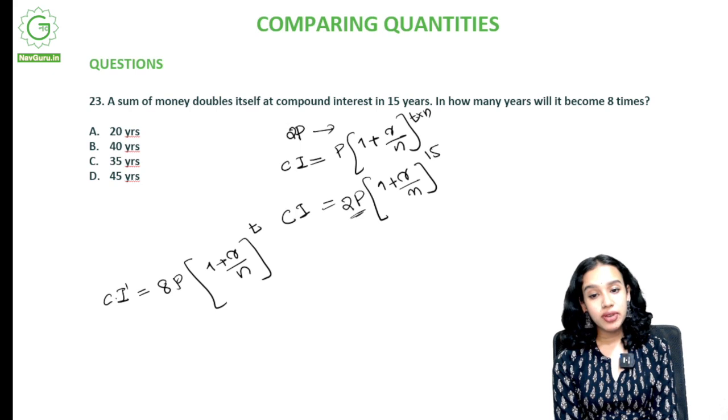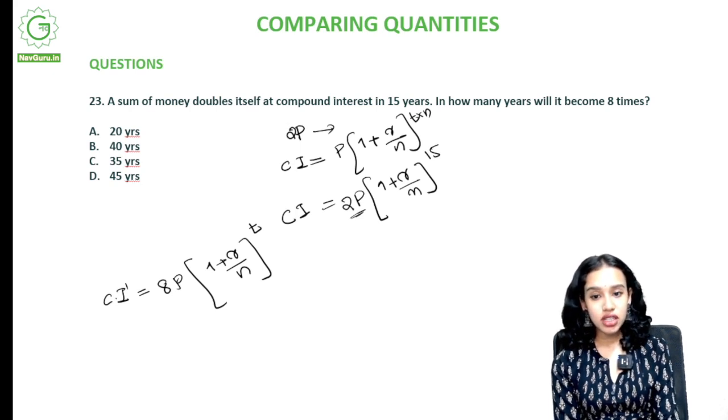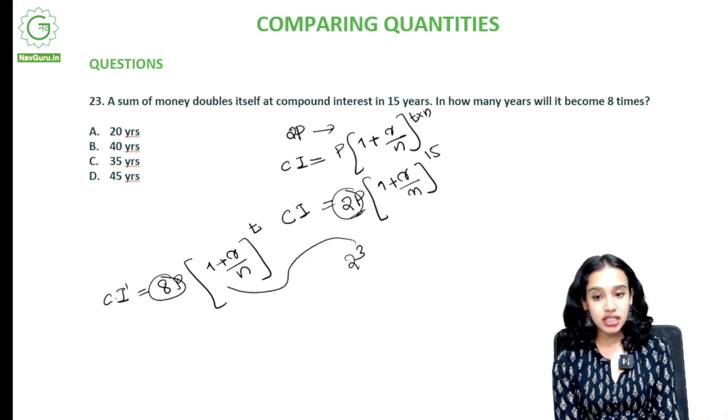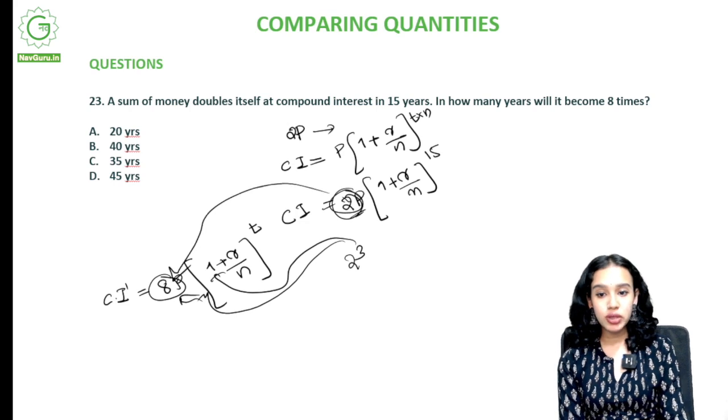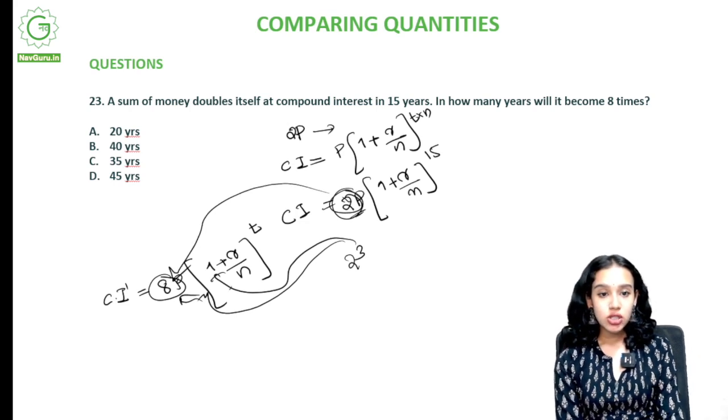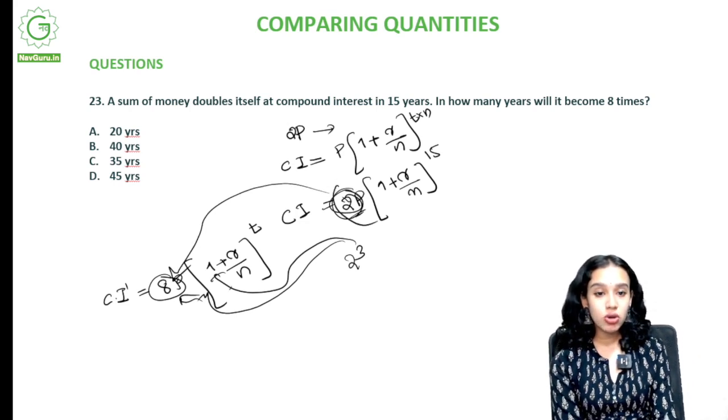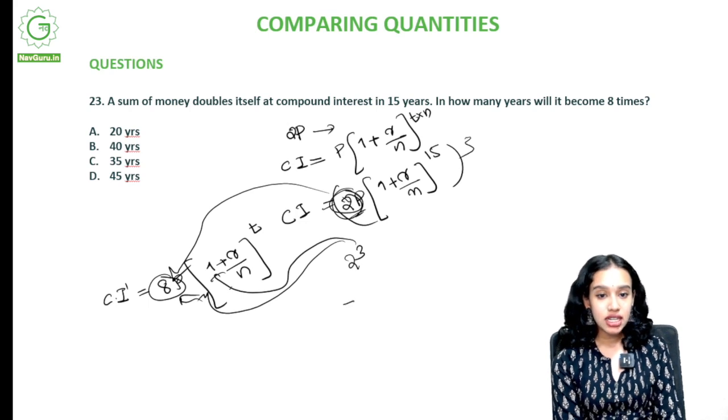So we could find a very simple thing here, that to make 2p into 8p, 2 cube is 8, right? That is, we are cubing 2 to make the principal 8. So at the same time, if we cube the whole equation, let's see what are we going to get.